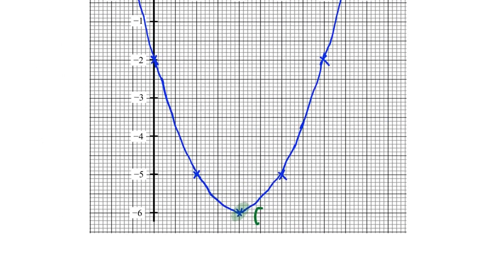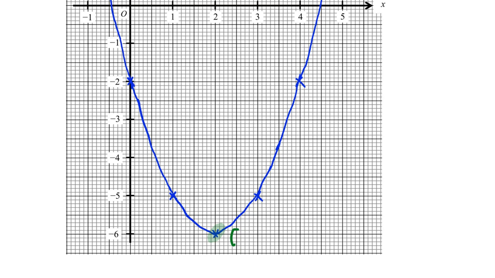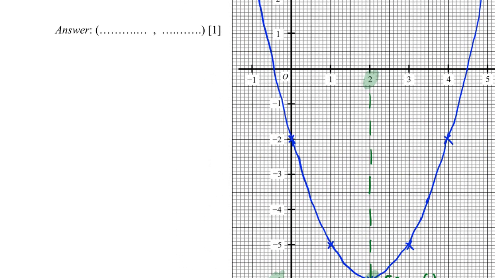So as I go back to here, it will be 2 for the x value, -6. Okay, this is the point. So this is just to let you know that this point here corresponds to the coordinates of 2 and -6. Alright, we have come to the end of this part.